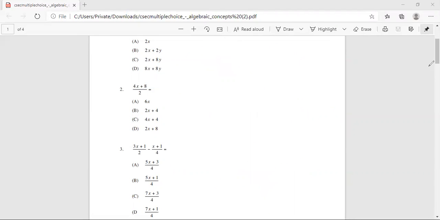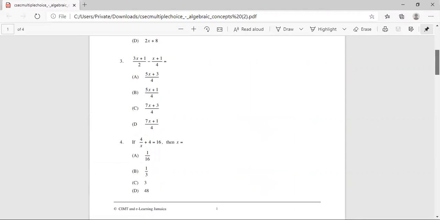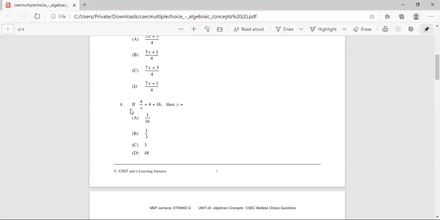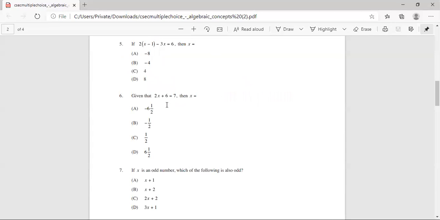Number 4, sorry. In order to solve this, we need transposition skills, right? This is something that we will do tomorrow.